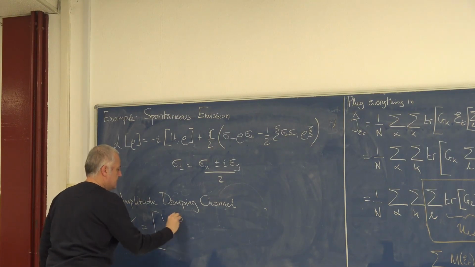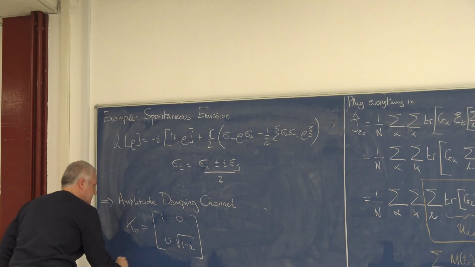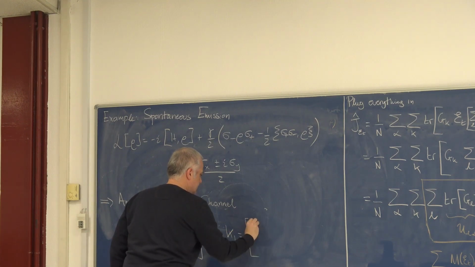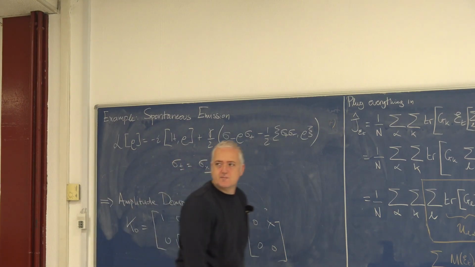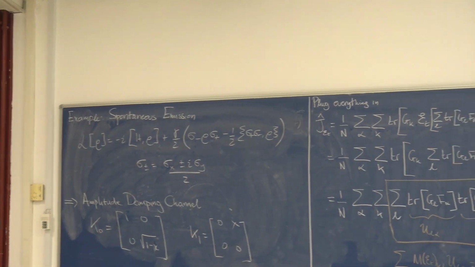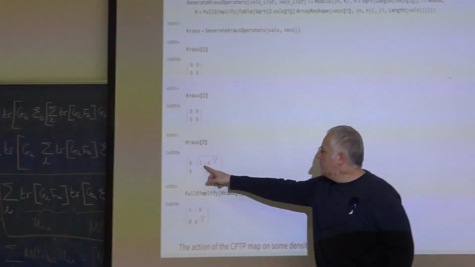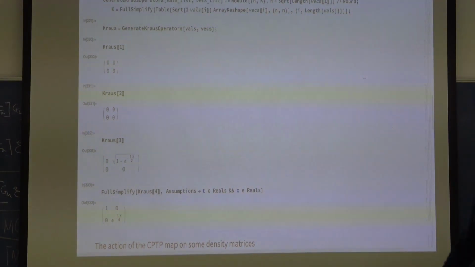The first one and the second one. Okay? And you can associate X with 1 minus gamma t e to the minus gamma t over 2. Okay?